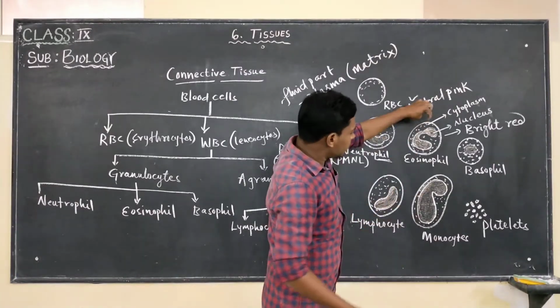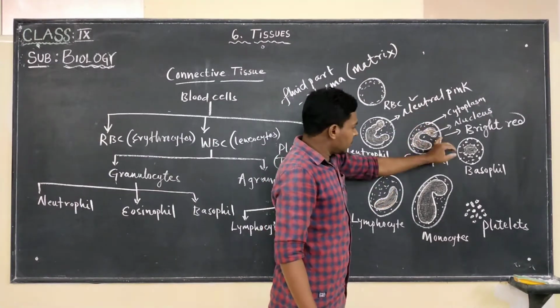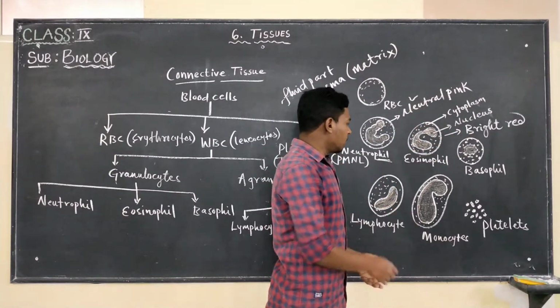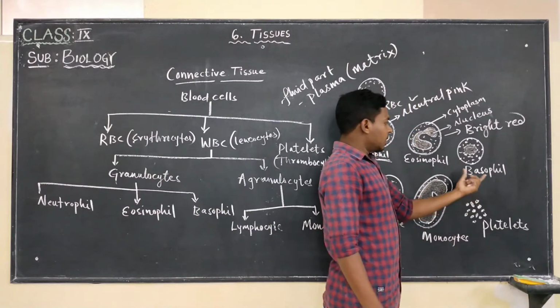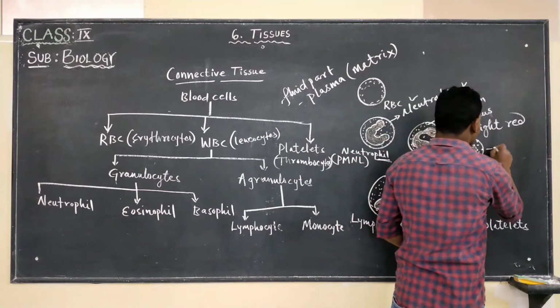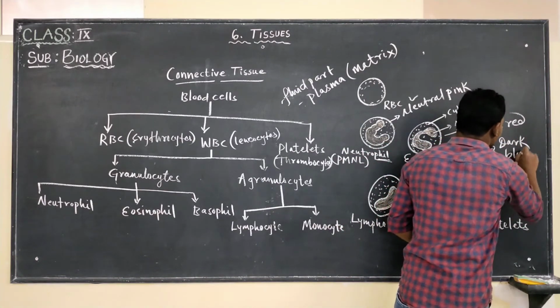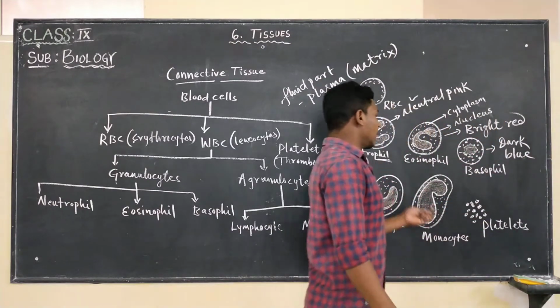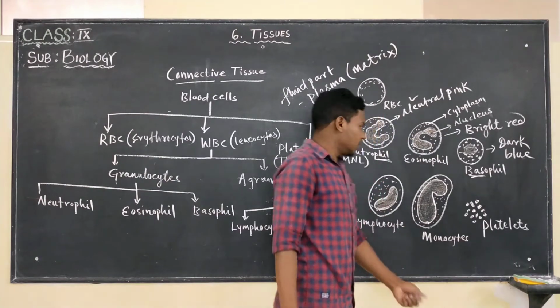And here you can see this is the cytoplasm of the eosinophil, and this is the nucleus. The next one is basophil. When it is stained, it shows dark blue color. It is stained by base. That's why its name is basophil.